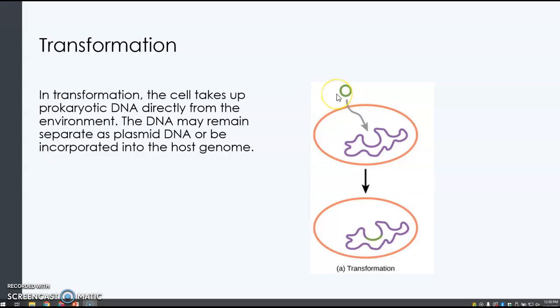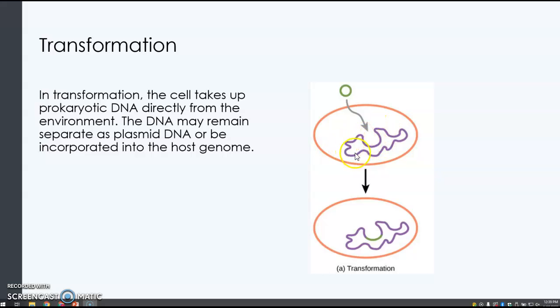So let's say, for example, that this green circular DNA is a plasmid, because the definition of a small circular piece of DNA is a plasmid. And that small piece of DNA came from a bacterium that died, a dead bacterium in the same environment as this bacterium with the purple genome.